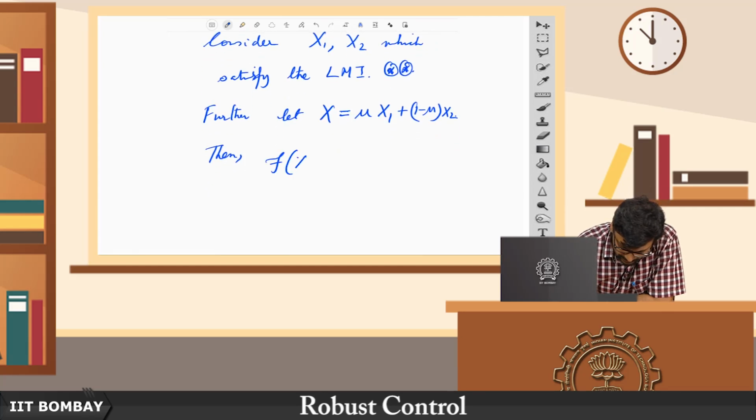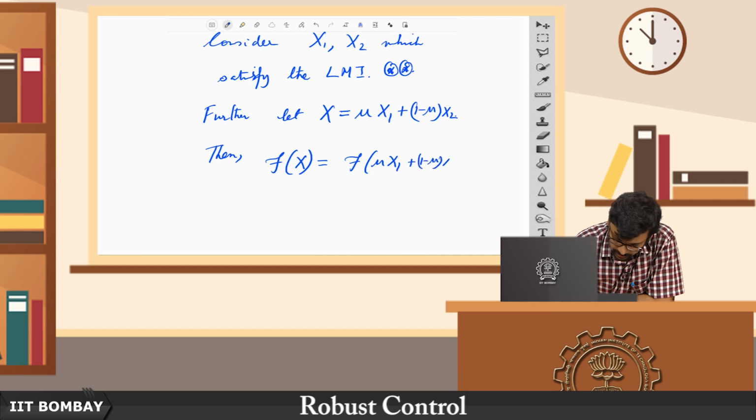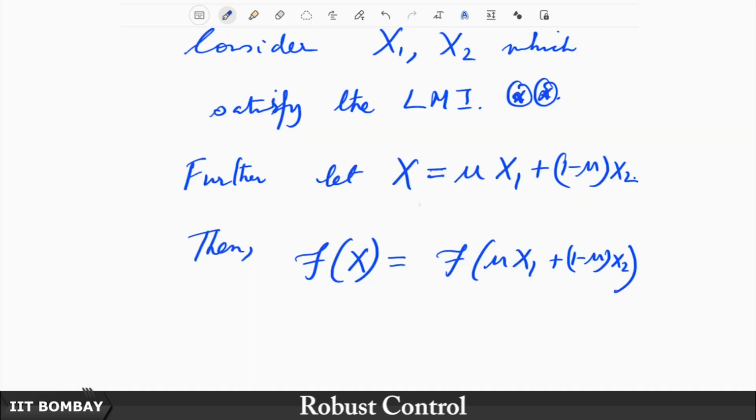So, now f of x is equal to f of mu x1 plus 1 minus mu x2. Of course, here we must define that mu belongs to the closed interval 0 to 1. Okay.